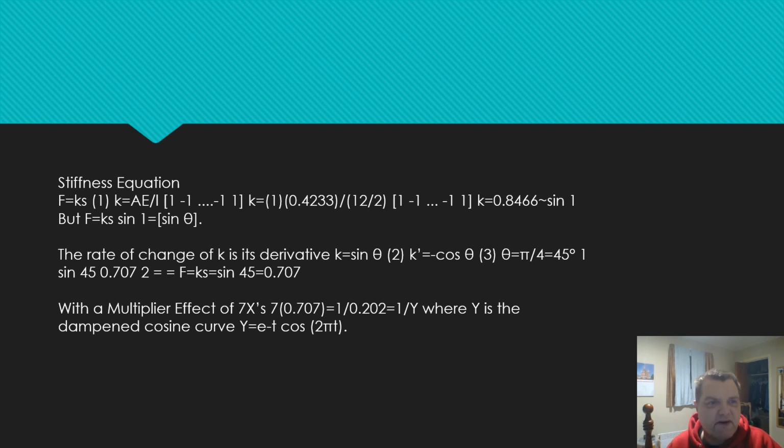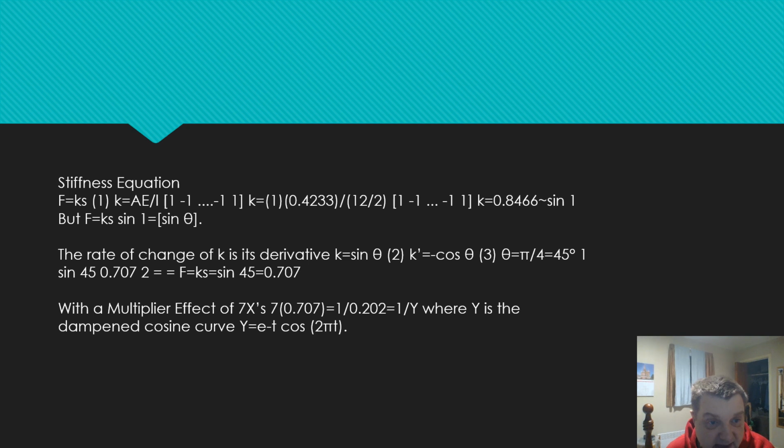So the stiffness equation, F is equal to minus Ks. Should be a minus sign in here. The reason there's a minus sign is because the displacement on an ordinary spring is in the opposite direction of the force. So F is equal to minus Ks.